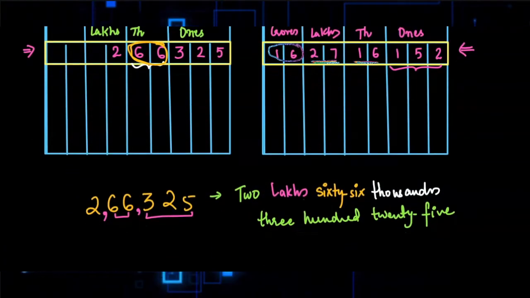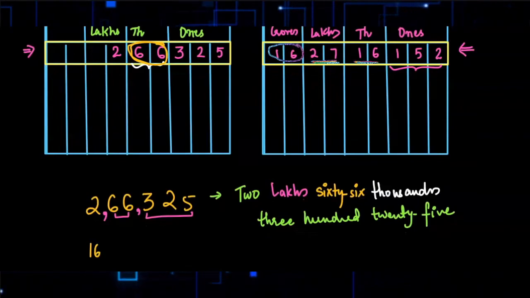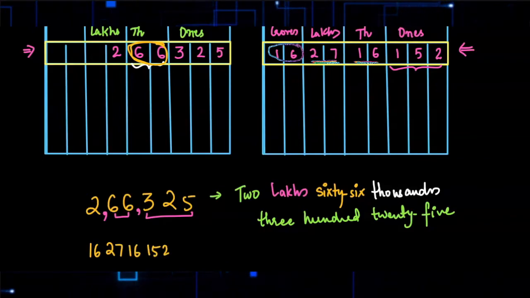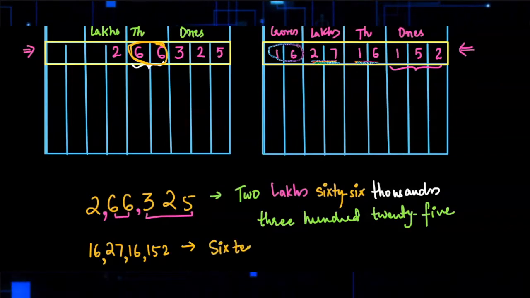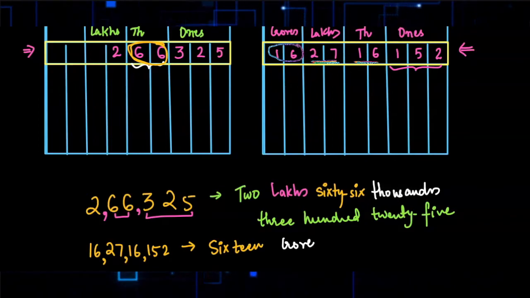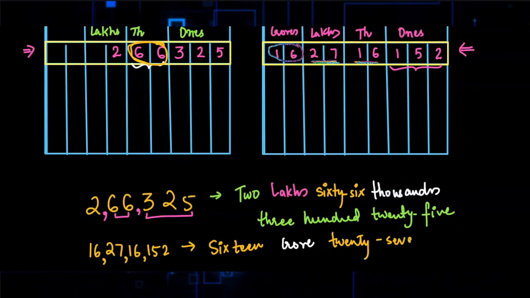So how will we write this number? I'm writing it here: 162716152, and we'll put a comma after 3, then 2, then 2. Now let's name it. 16 comes under crores period, so we'll write 16 crore, then it's 27, and the period is lakhs, 27 lakhs.